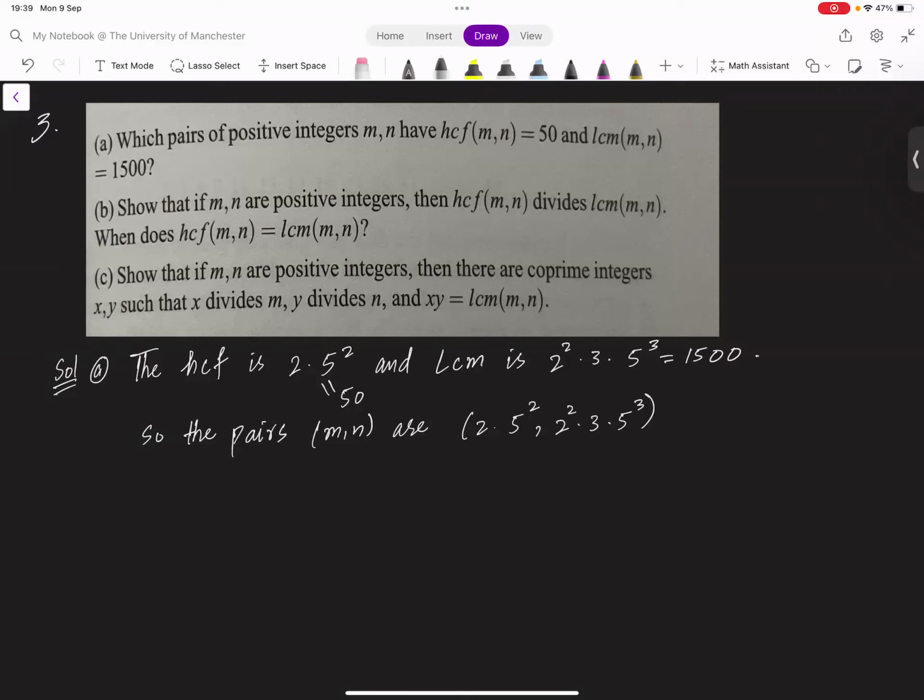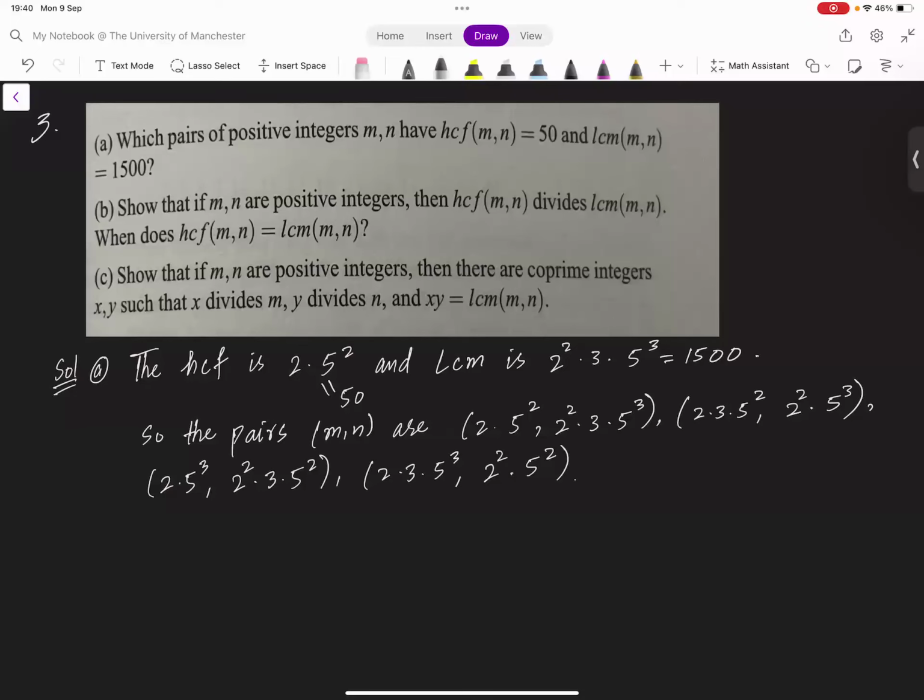The second one could be 2.3.5 square comma 2 square dot 5 cube, comma 2.5 cube comma 2 square dot 3.5 square, comma 2.3.5 cube comma 2 square dot 5 square.